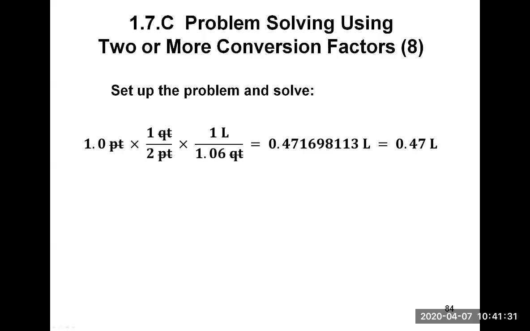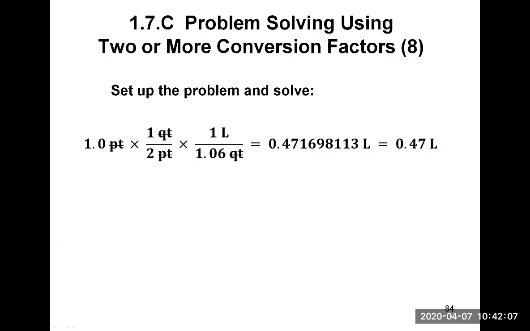The second conversion factor needs to cancel the quart. The quart on the first conversion factor is an intermediate unit that you don't want to keep, so you will want to cancel it in the next step. So quarts in the numerator and quarts in the denominator of the second conversion factor will cancel. And you will be left with liters, which is the desired unit, which is what you want.